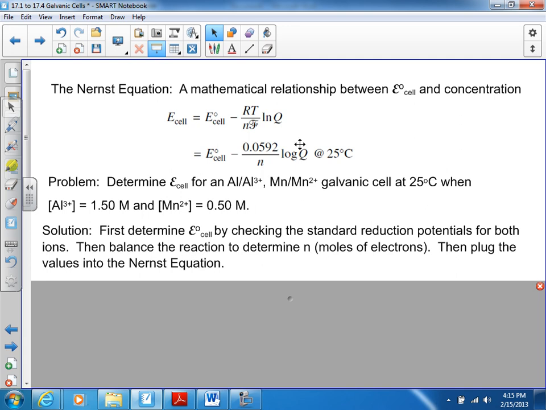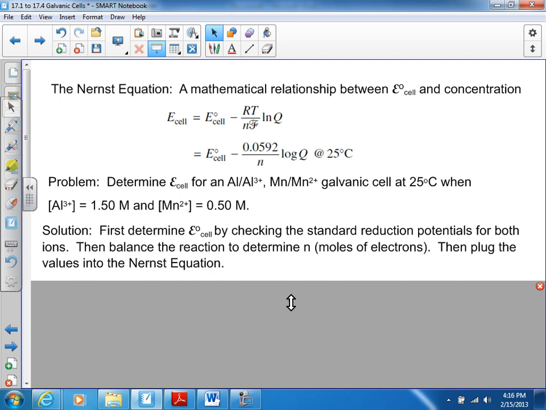We get E cell just by checking the manganese and the aluminum, seeing which one we have to reverse in order to have a positive standard cell potential. Then we have to balance that equation to get N, our moles of electrons, and then plug these into the Q and plug it all into the Nernst equation and solve.